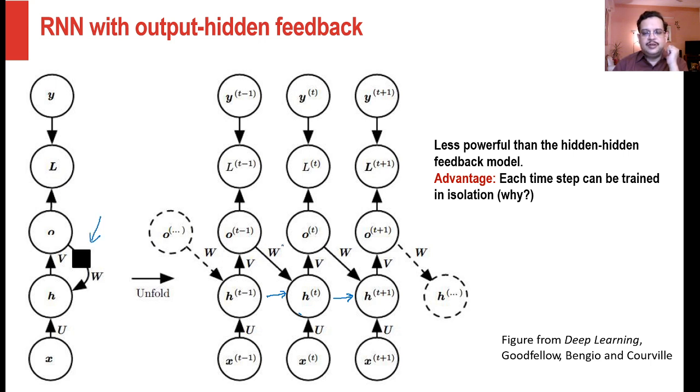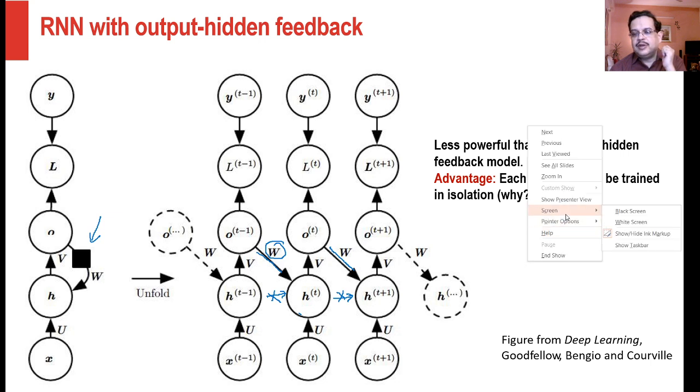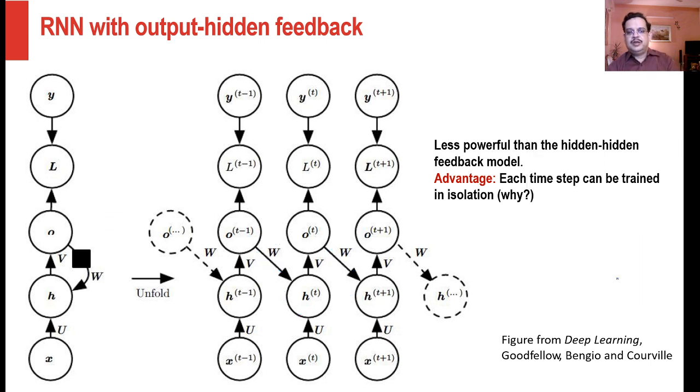So if I unfold it, it is going to look like this, where these edges are not there. They turn out to be less powerful than the previous case. For the hidden feedback, as we saw, they are very powerful, as powerful as the Turing machines, but these are less powerful. But here each time step can be trained in isolation. So I leave you to figure out why that is the case. Why can I train each time step in isolation?